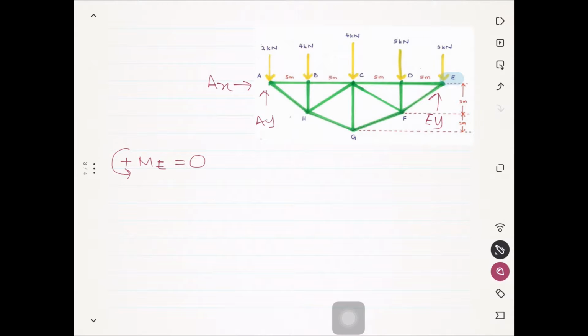Okay, let's start with the Ay first. Ay is negative because it is clockwise.